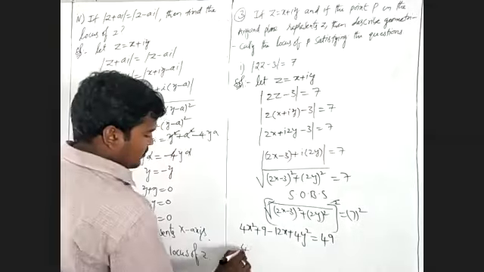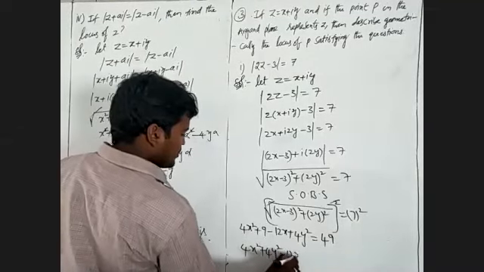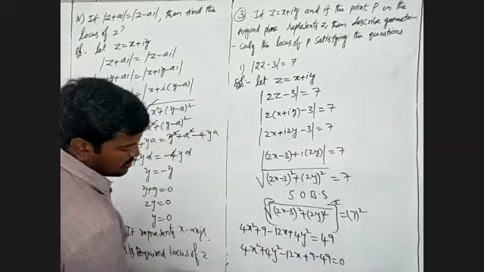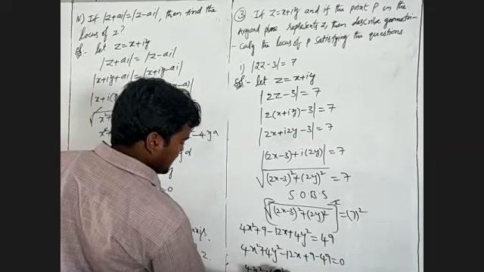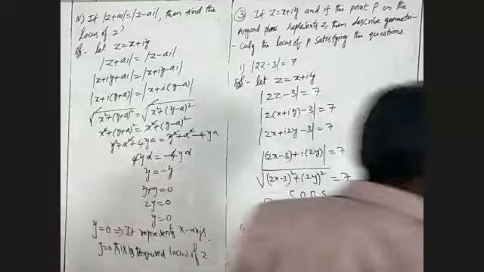That means 4x square plus 4y square minus 12x plus 9 minus 49 must be equal to 0. That I will write 4x square plus 4y square minus 12x minus 40 is equal to 0.